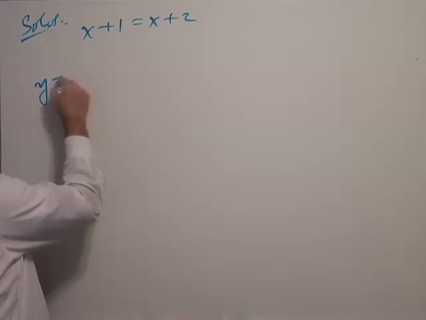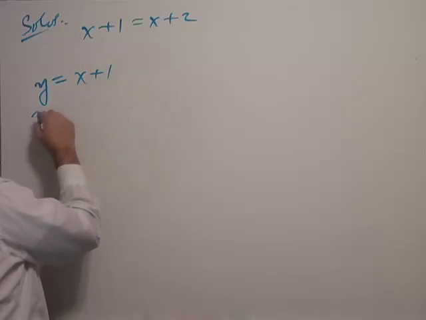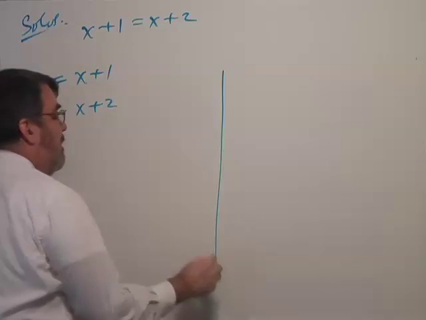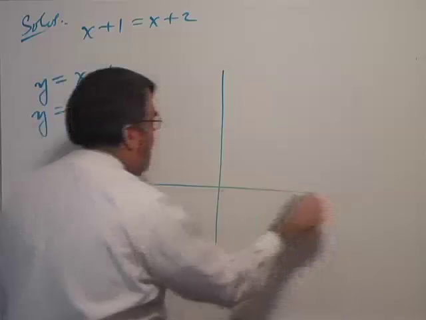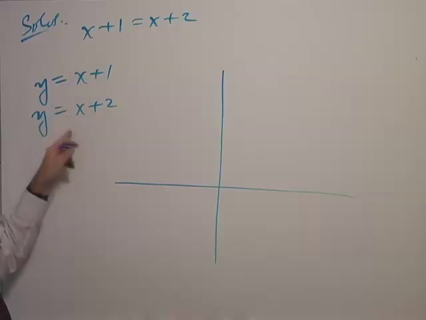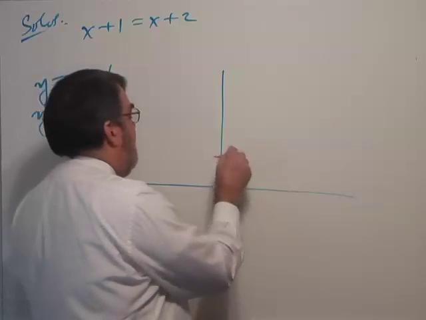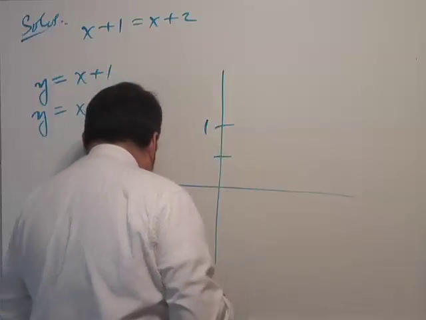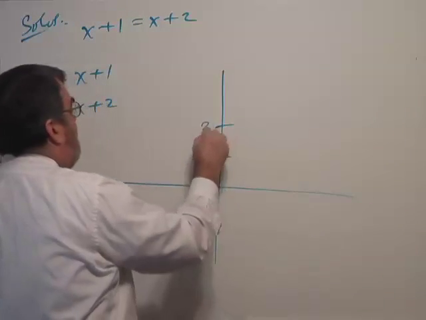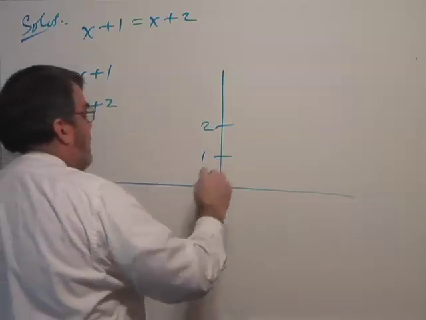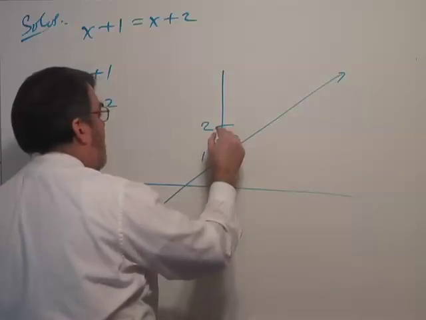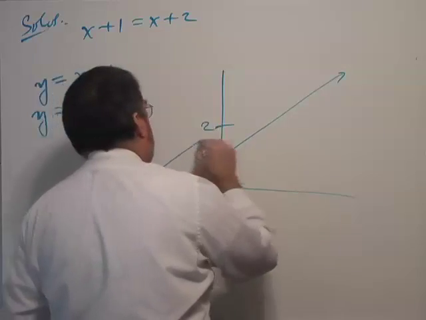If I look at the graphs of y equals x plus 1 and y equals x plus 2, if you're current on your knowledge of graphing, you might say, wait a minute, they have the same slope. Each has a slope of 1. And what does it mean to have the same slopes? Y equals x plus 1 will go like this, and y equals x plus 2 will go like that.